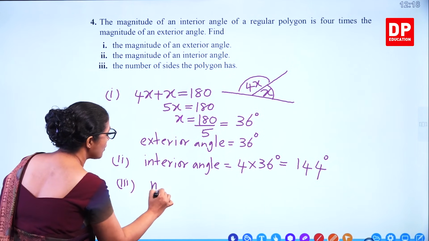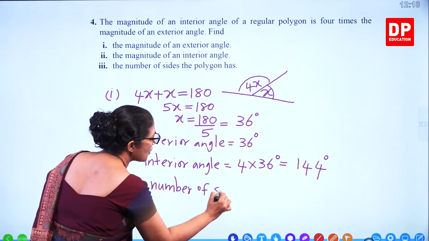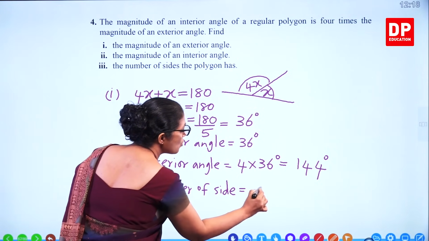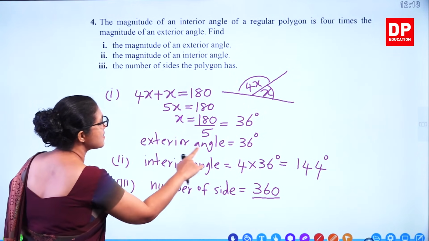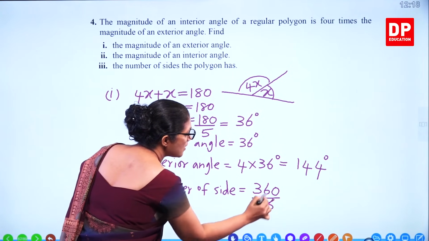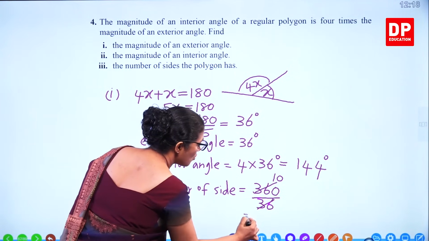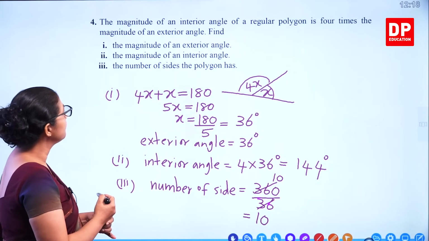So how do you find out the number of sides? You can take the total sum of exterior angles divided by the exterior angle. You get the number of sides. So this becomes 10. So this is a 10-sided polygon, decagon.